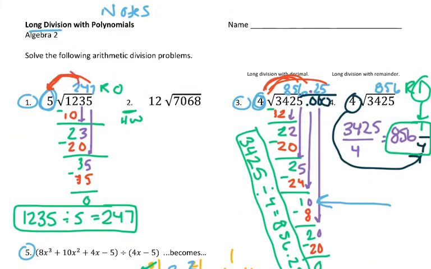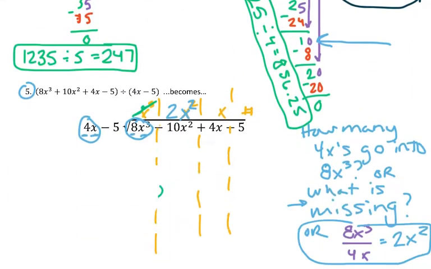We multiplied it to the thing that was outside. So we're going to multiply this to the piece that's outside. Our result is going to be 2x squared times 4x, which of course we just got from 8x cubed, and then 2x squared times negative 5, so that's going to be negative 10x squared.